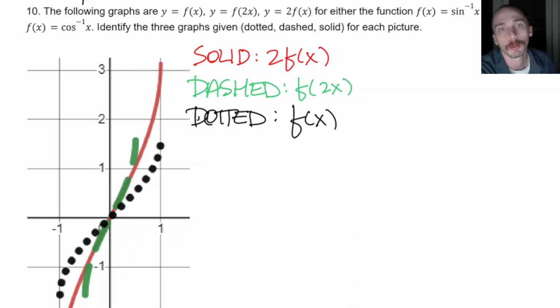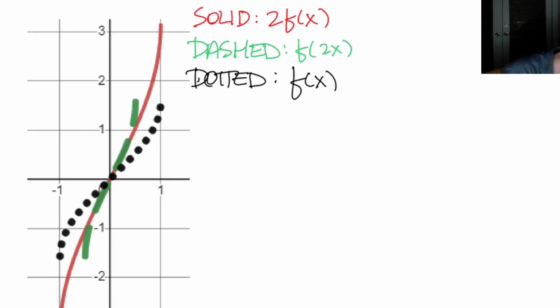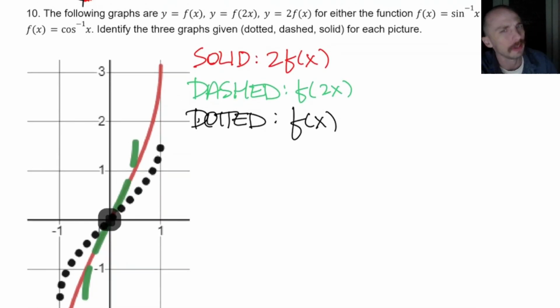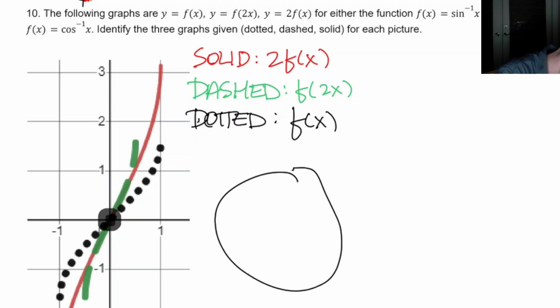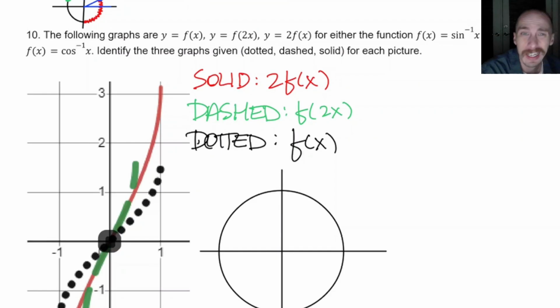And now our job is to determine whether it's arc sine or arc cosine. And so I think we need to just look right here at that spot right there, the origin. Okay, that's part of the graph. So is 0 equal to arc sine of 0, or is 0 arc cosine of 0? And I think this is a good question for me to ask you at this point. Okay, so remember, is 0 the angle that corresponds to sine equaling 0 or cosine equaling 0?